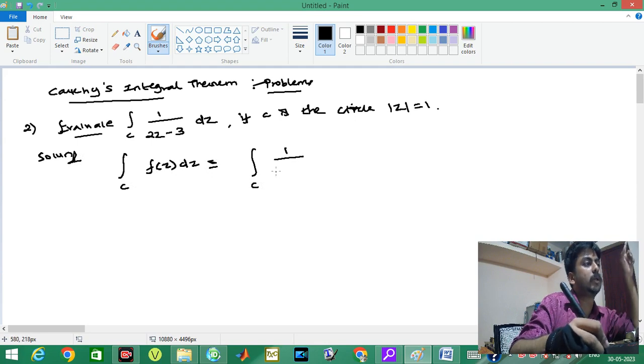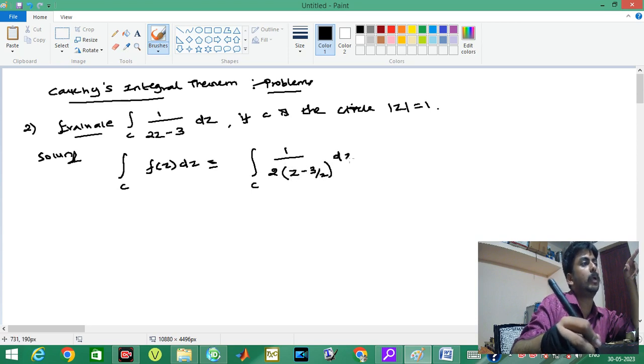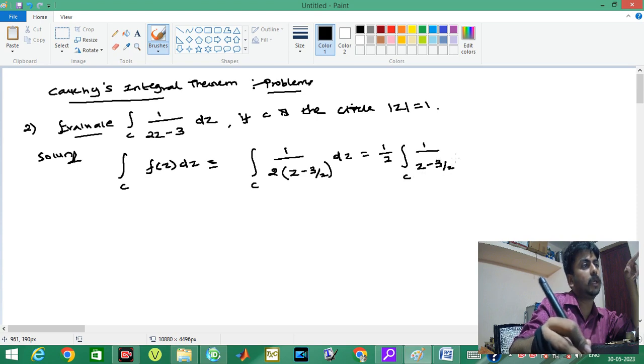1 divided by 2z minus 3. I am going to take the 2 outside and it will become z minus 3 by 2 into dz, and that is equal to 1 by 2 into the integral over C of 1 divided by z minus 3 by 2 dz. Why have I written it like this?